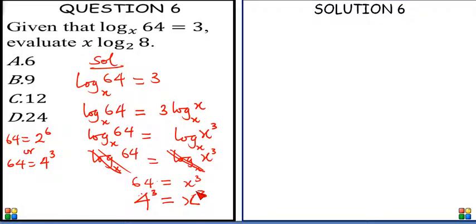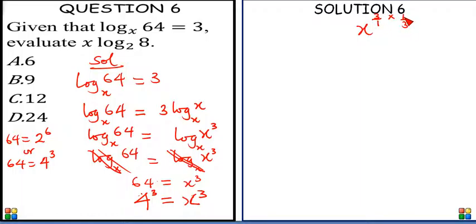I want to remove this power 3. And the way to remove the power is to multiply that power by the reciprocal of the power. What I mean is this: x raised to power 3 over 1. That 3 is actually 3 over 1, times 1 over 3.